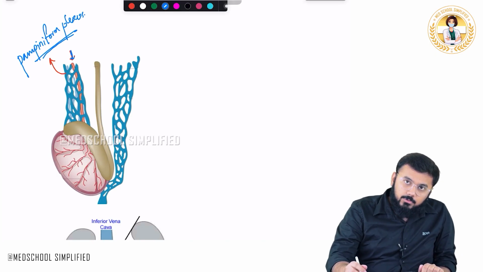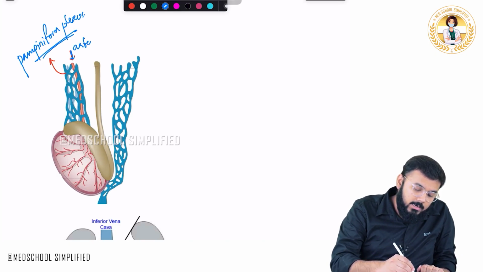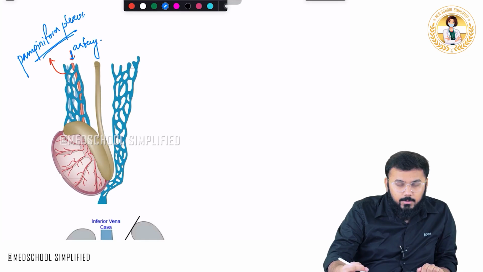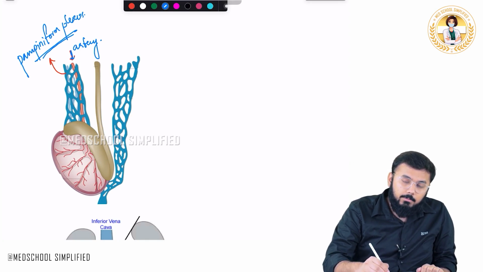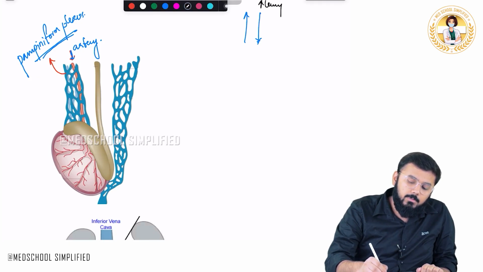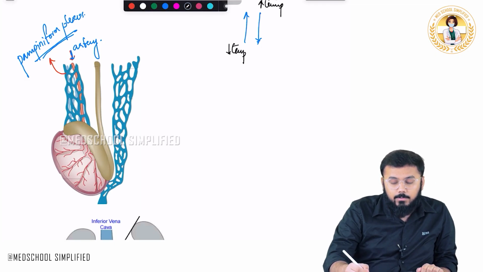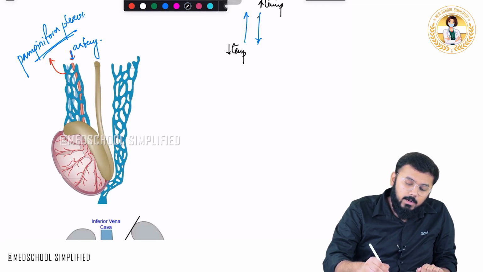So the temperature within this testicular artery is high, and the temperature within the Pampiniform plexus is low. Arterial blood is coming down, venous blood is going up. As this movement is happening, this high temperature blood is exchanged with the low temperature blood.